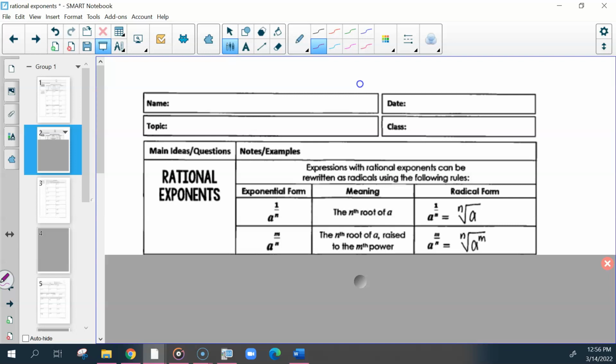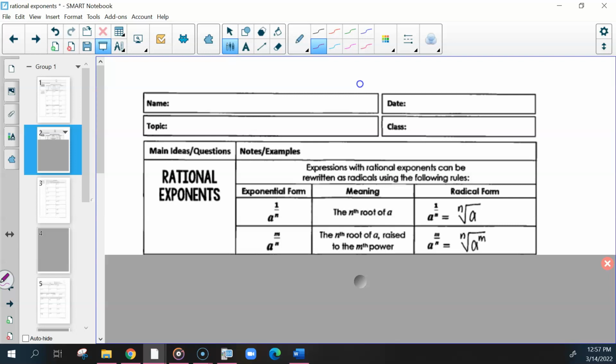If we have something like a to the power of 1 over n, n can be any number, a can be any number. What this really means is the nth root of a, and we would rewrite this as the nth root, whatever number that n is, of a.